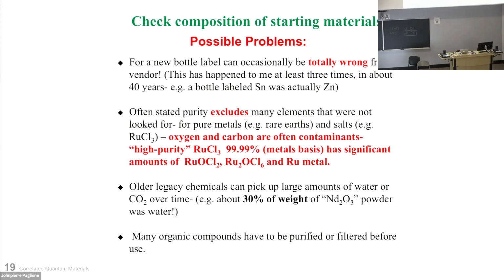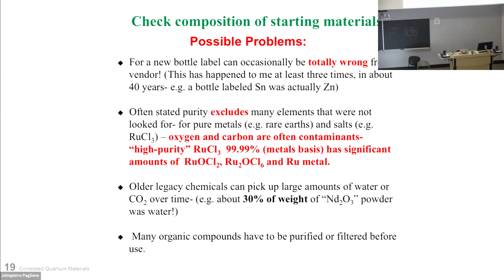So you buy this chemical, and the vendor says, okay, you've got 200 grams of tin, a little tin shot. Over about 40 years of doing this, I've run into at least three situations where the label on the bottle was completely wrong. In one case, they actually sent zinc labeled as tin.